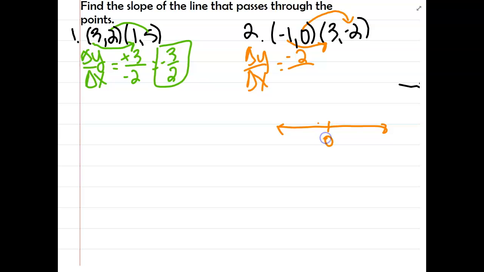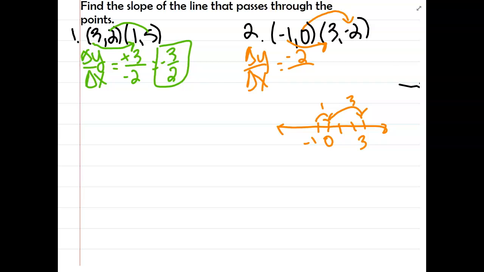So in your head, from negative 1, I'm going to get to 0 first, because that's 1. And then from 0 to 3, I'm going to get to 3. So I take a pit stop at 0 when I'm going from a negative to a positive or positive to a negative. From negative 1 to 0 is 1, and then 0 to 3 is 3.